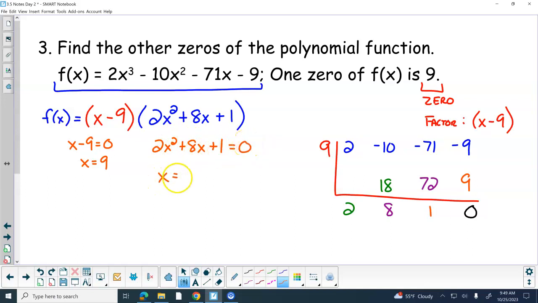So x is going to be negative 8 plus or minus the square root of 8 squared minus 4 times a times c, all over 2 times a. 8 squared is 64. 2 times 4 is 8. 64 minus 8 is 56.